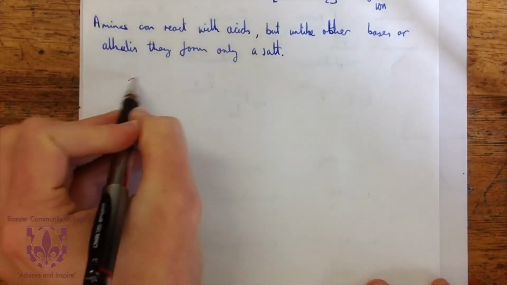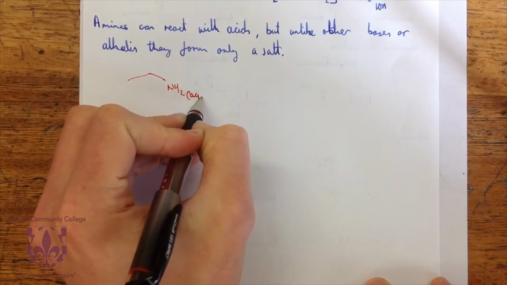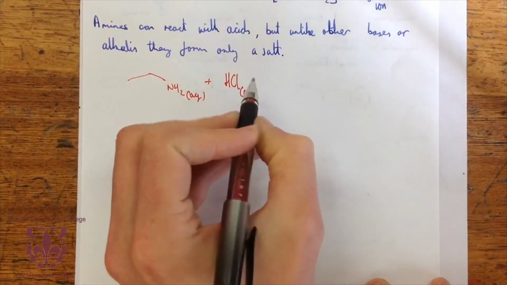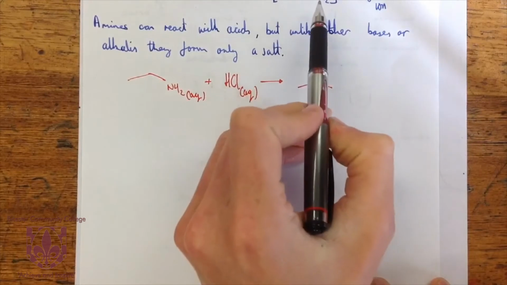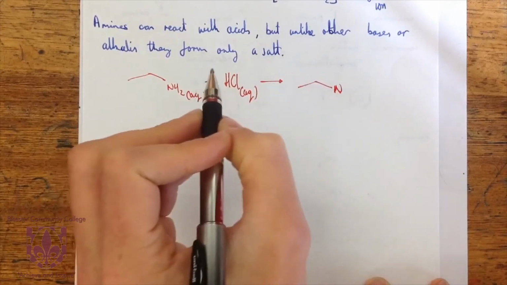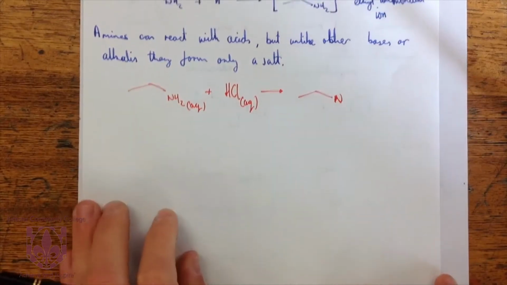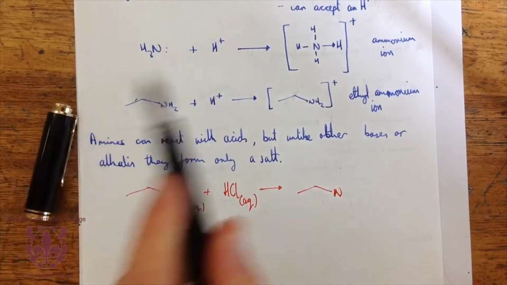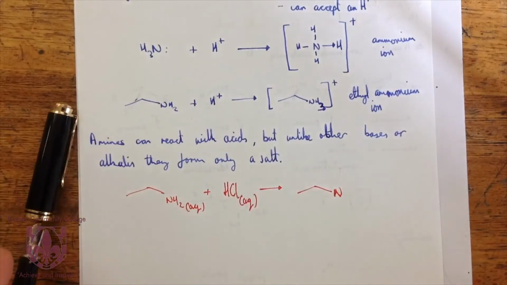So let's do ethyl ammonium again, and this is aqueous, and we're going to have aqueous HCl. Sorry, I just realised something. This here should be NH3 plus.